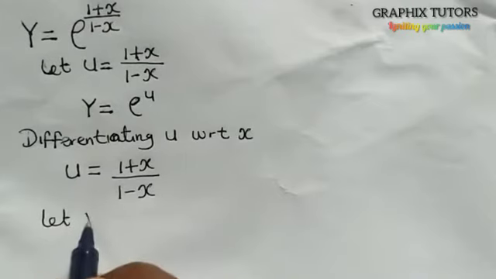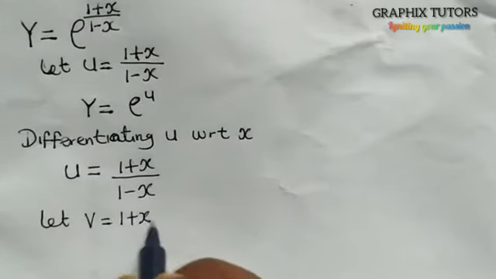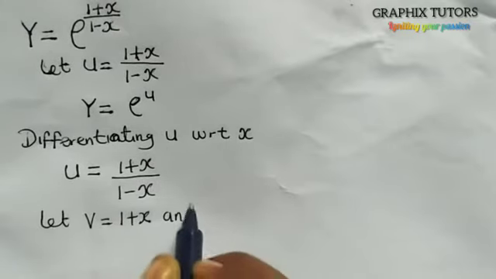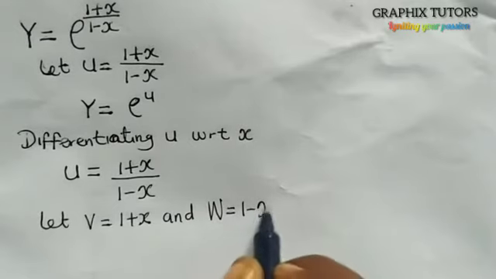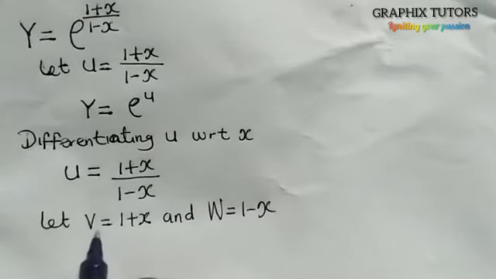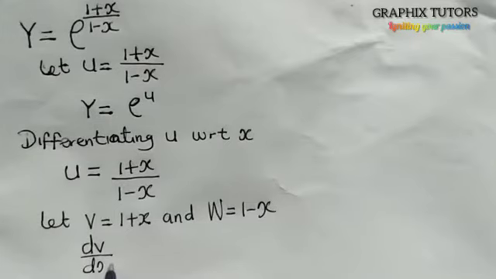So let v be equal to 1 plus x, and w be equal to 1 minus x, right? If I differentiate v with respect to x, dv over dx will give me 1.